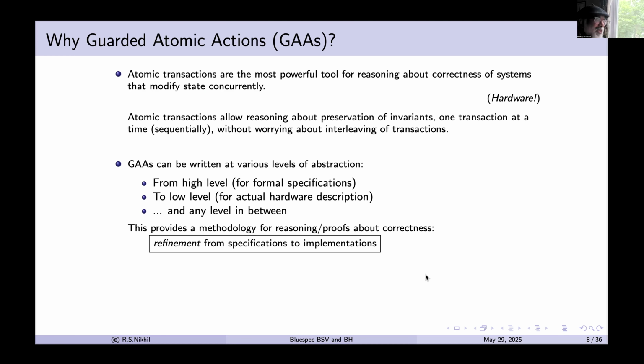The other aspect of a GAA, which is very interesting, is that the same language, the same vocabulary, can be used at different levels of abstraction. You can write big fat rules that you can think of as a specification of the system you want to implement.